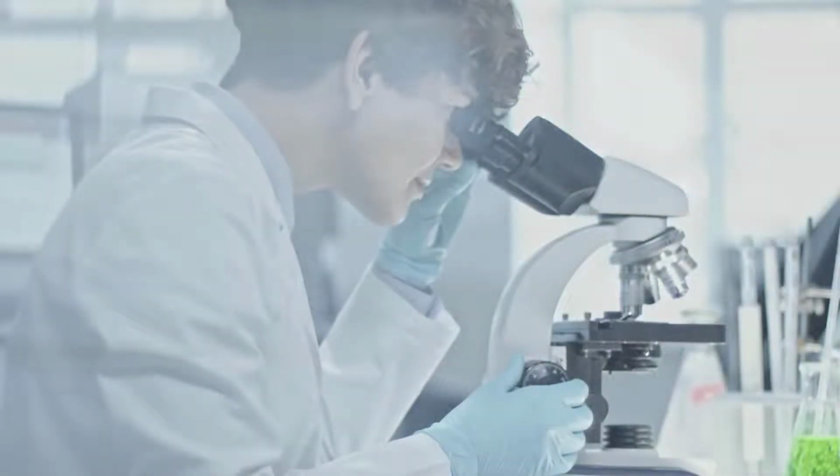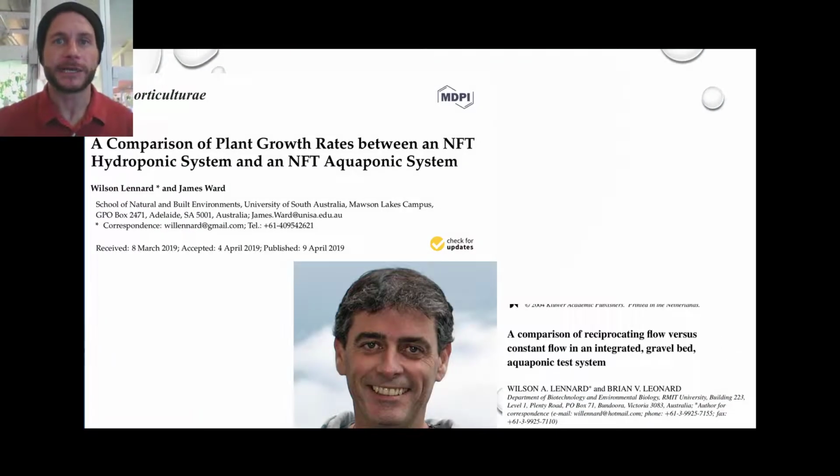One of the leading authorities in aquaponics research is a gentleman named Wilson Lennard. Dr. Wilson Lennard is from Australia and has done a lot of research in the field of aquaponics, stemming back from the early 2000s. He had done a lot of work, much like Dr. James Rakocy, using NFT and deep water culture methods to better understand hydroponics.